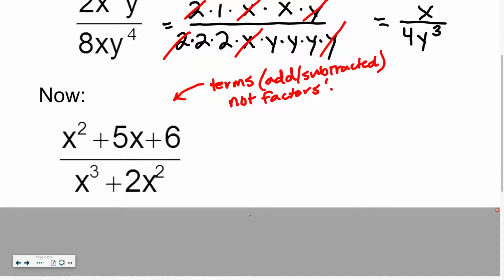So you as an Algebra 2 student need to be on the lookout for this. You cannot just cancel terms, things that are separated by plus or minus. You can only cancel things that are factors.